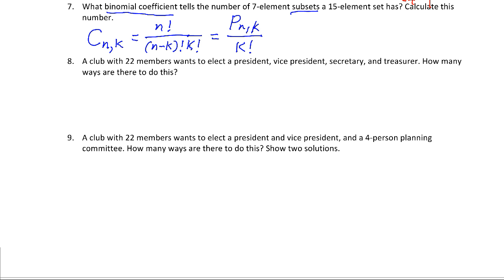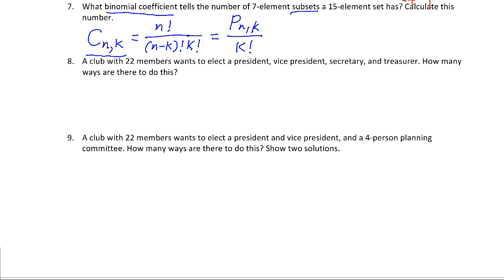And then k factorial is the number of ways each of those k element lists could have been rearranged, and therefore that's the overcounting factor when we want to count just subsets rather than lists.